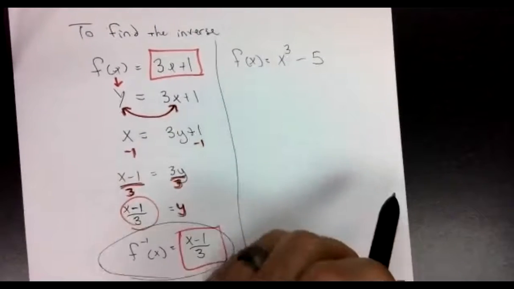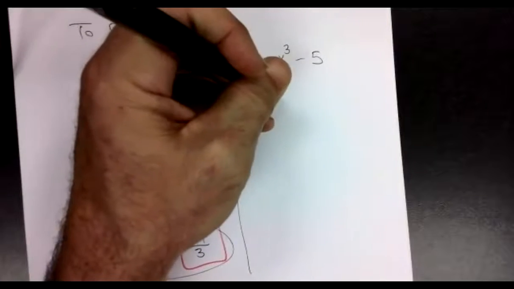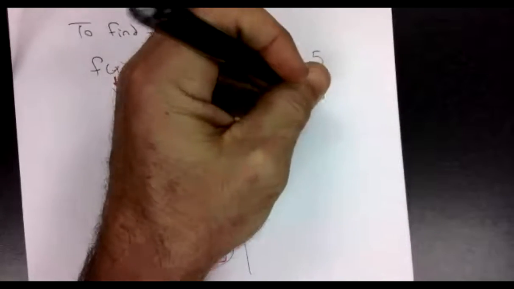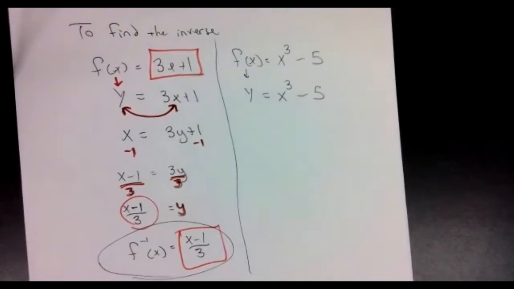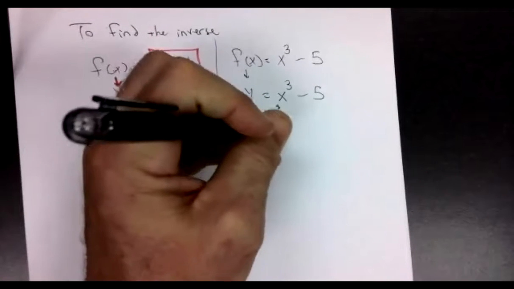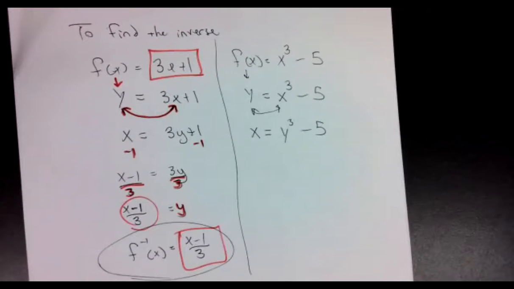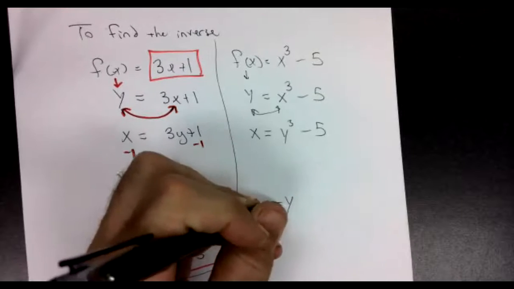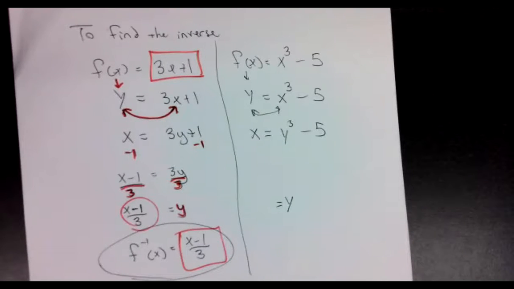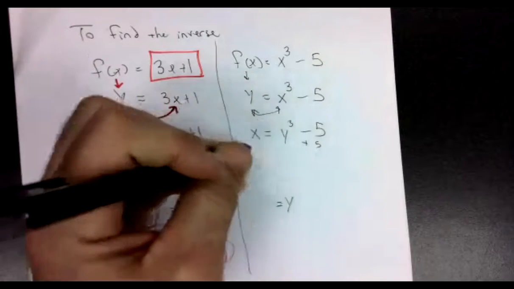This function is 1-to-1. So again, we're going to replace f of x with y. And we're going to swap x and y. And now I want to get the y by itself. So I've got to get rid of everything else. So similarly, to get rid of the negative 5, we're going to add.